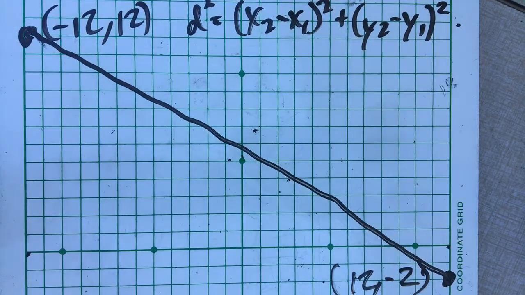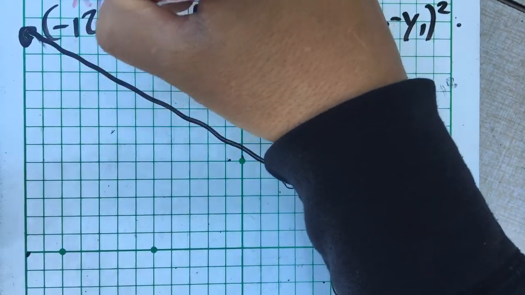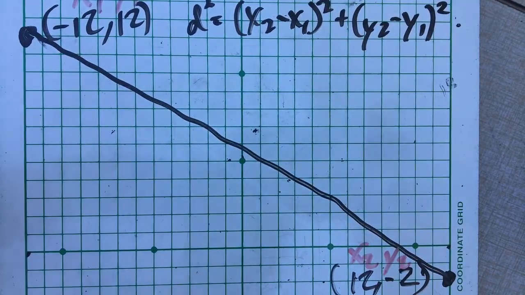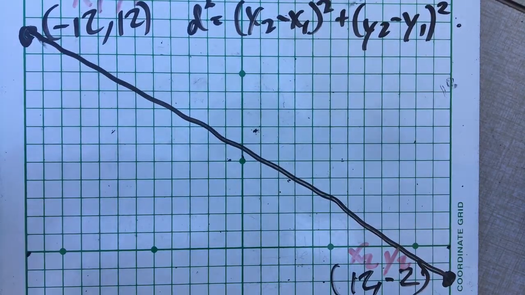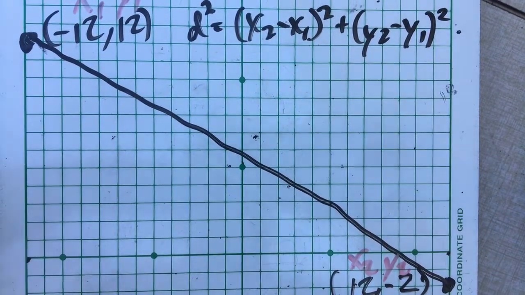I have to remember that I need to label my numbers: x1, y1, x2, y2. And again, being able to label and understand my number values, being able to work with what's there.